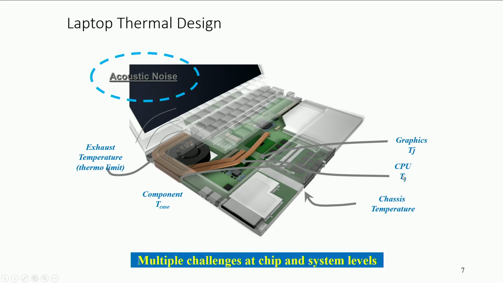You can see graphics and CPU have written TJ, components have written T case or TC, because many of these components are plastic encapsulated, so they are not at the junction. For example, for the silicon they will say TJ max is 100 degrees, that is where you have to keep it. In the case, for a component like this, the temperature should be less than maybe 85 degrees.